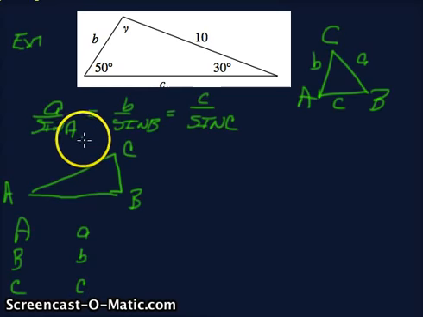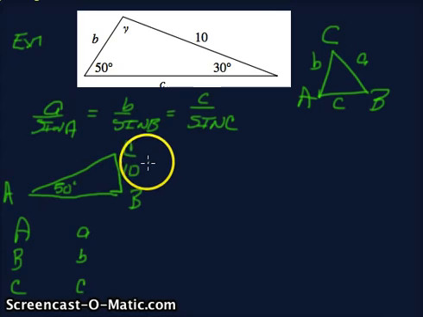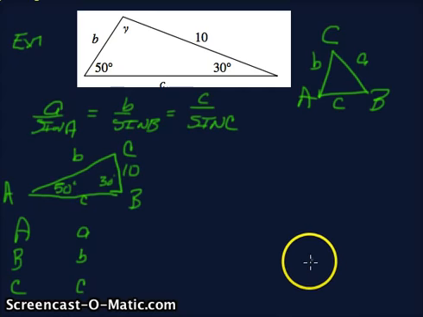They gave you that this is 50 degrees, okay, and they gave you that this is 10, and then they gave you that this angle here is 30 degrees. Now, it's not to scale, but you get the gist of what I'm talking about. This is little b, and this is little c. That helps you keep track of your triangle.